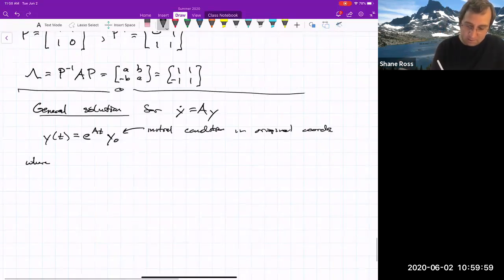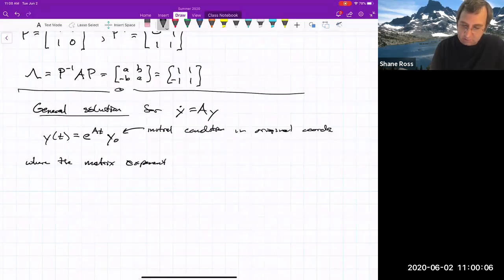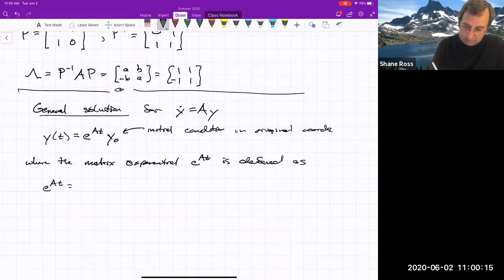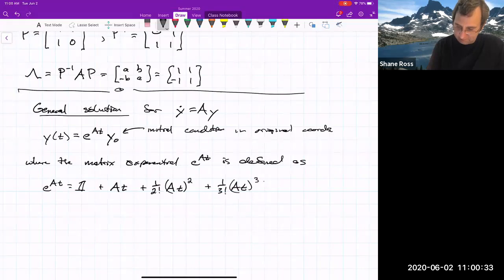So the matrix exponential, e to the At, the first term is the identity matrix plus At plus 1 over 2 factorial A t squared and so on, A t cubed, and you will get some matrix from that. That's in the original coordinates.